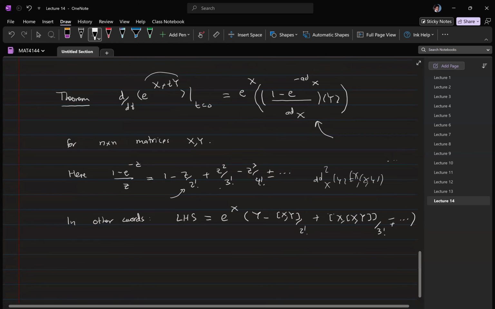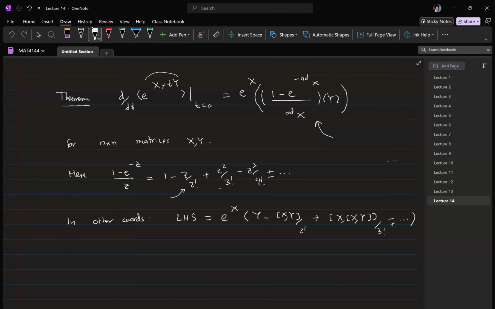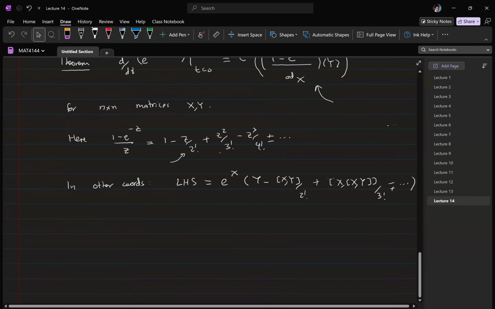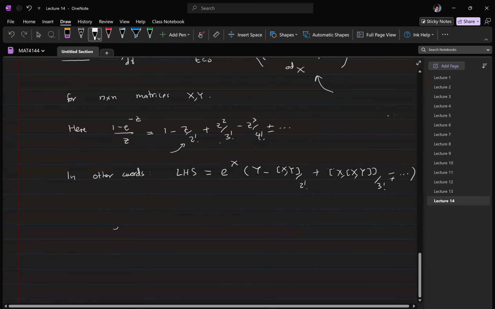Yeah. I guess we've not seen exponentials of operators before, but is it like ad x just being viewed as a matrix itself, I guess, and that's why? Well, you have seen exponential operators. I mean, we talked about e to the t for a matrix t, right? Now ad x is some linear transformation from the Lie algebra to itself. Okay. So it is some matrix of some size.